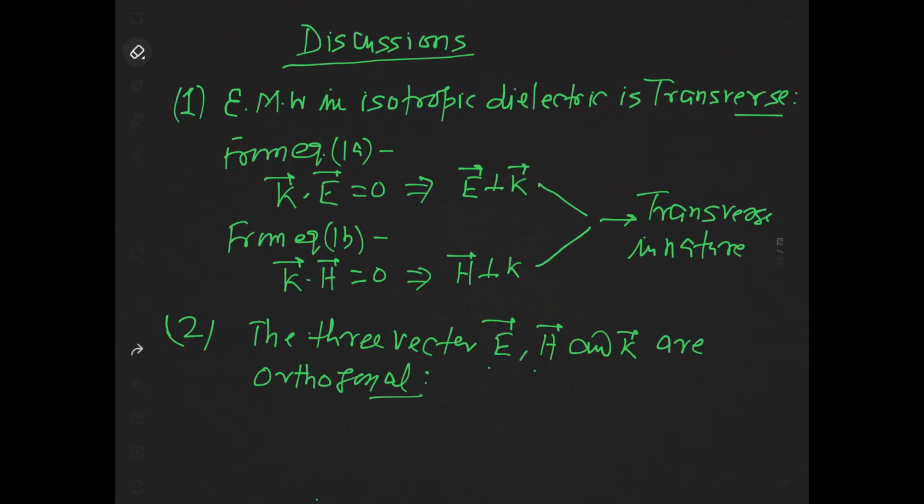When you say these three vectors are orthogonal, it means all these three vectors are mutually perpendicular to one another.